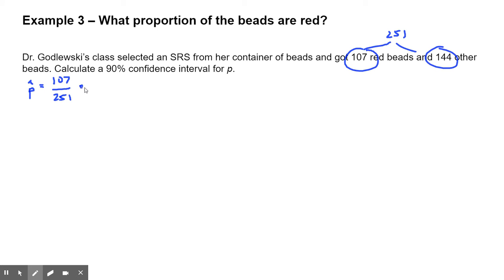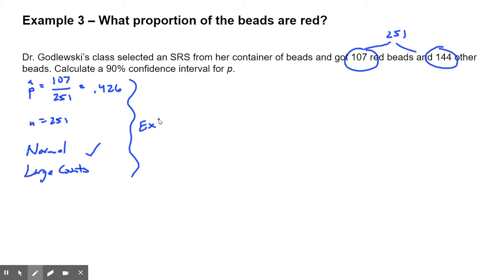So remember that came out to be 0.426, and that's all from example 1. Your n value is 251. Again, remember that your normal condition and your large counts condition are already met, and all of this is from example 1.